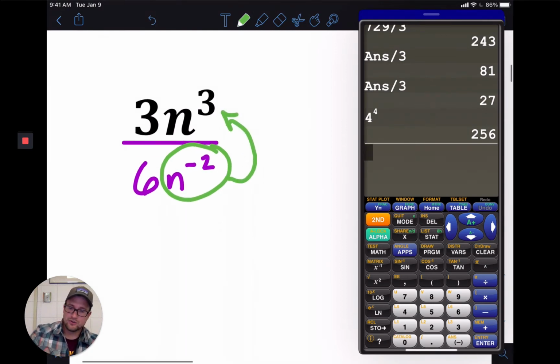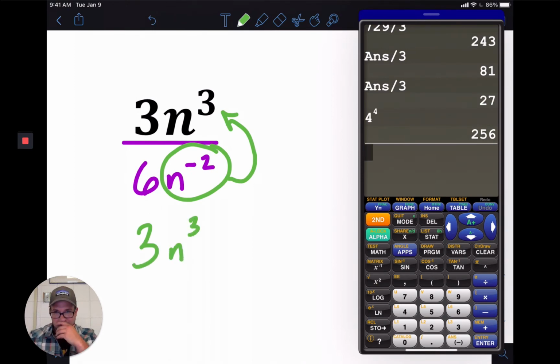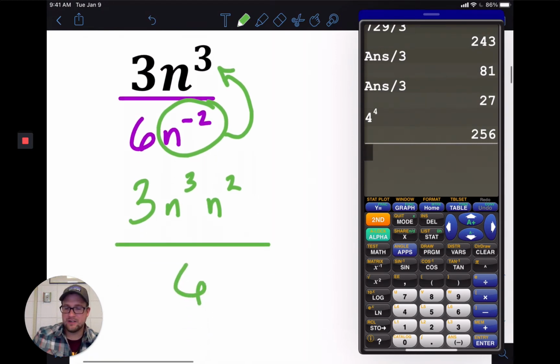So right now, in the numerator of my fraction, I have 3n to the 3rd. If I move that other n to the 2nd to the top, now I have an additional pile of n's up there. And this is all over 6. Now, we didn't need to move the 6 because the 6 has a positive exponent of 1.